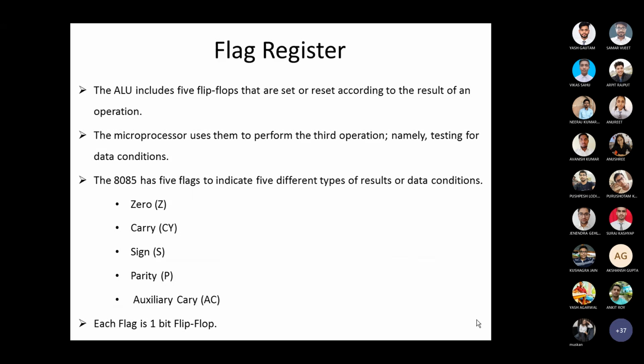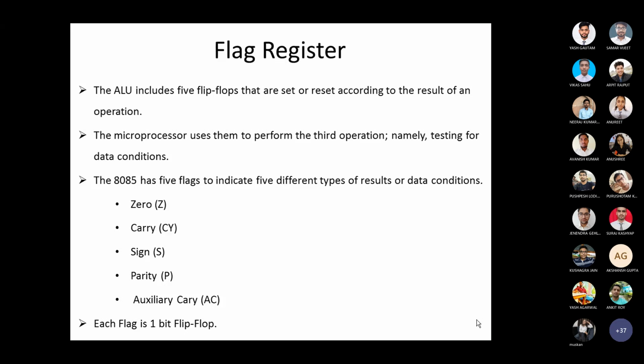Next is the flag register. Generally, the flag register includes 5 flip-flops, and each flip-flop may change after instructions and after fulfilling a particular condition. The 5 flip-flops are the zero flag, carry flag, sign flag, parity flag, and auxiliary carry flag.